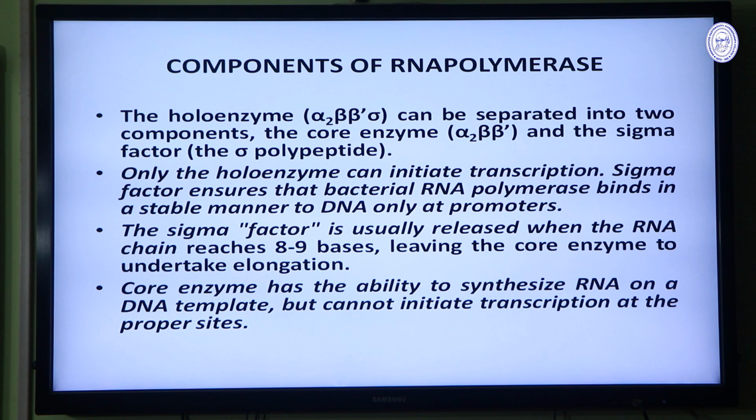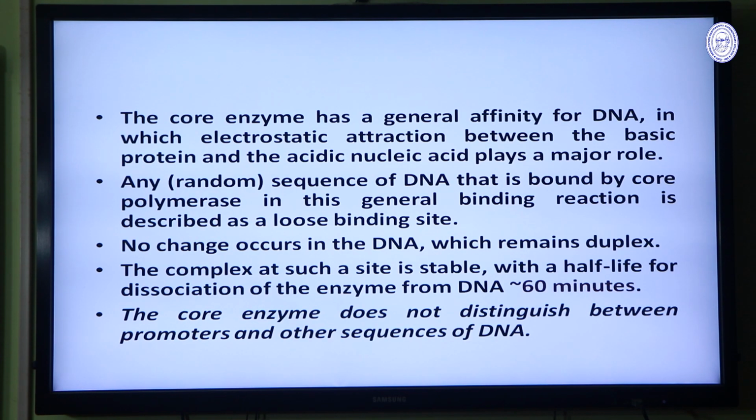But the core enzyme cannot initiate transcription at specific locations, that means from a specific promoter sequence, and for this the assistance of the sigma factor is very much needed, so that the holoenzyme binds to the promoter sequences and initiates transcription from the start site, which is surrounded by the promoter sequence.